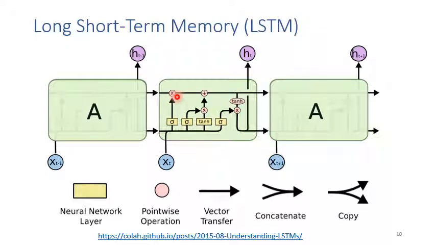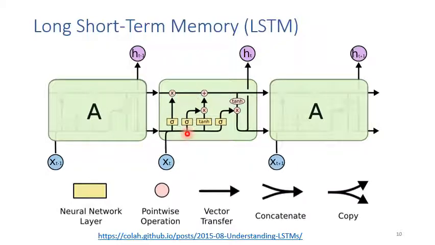We can also assign a value between 0 and 1 to control the portion of the information. So we just multiply the activation output with the previous cell state to generate the new cell state.